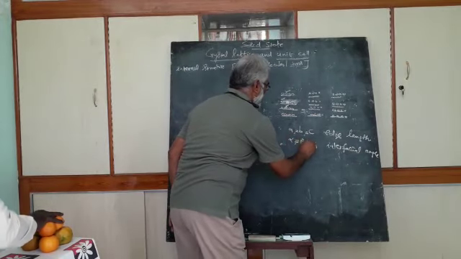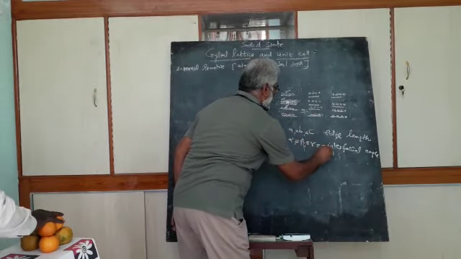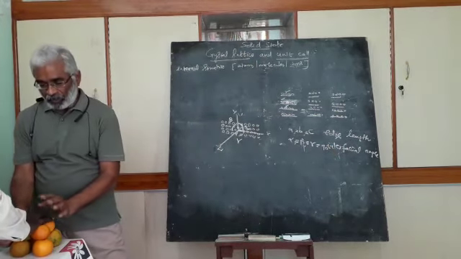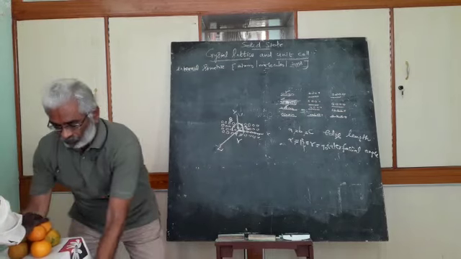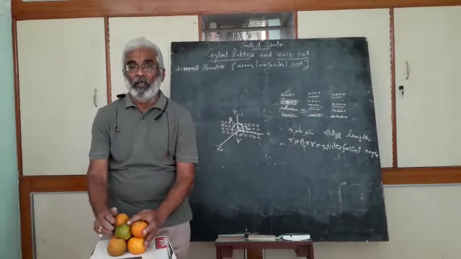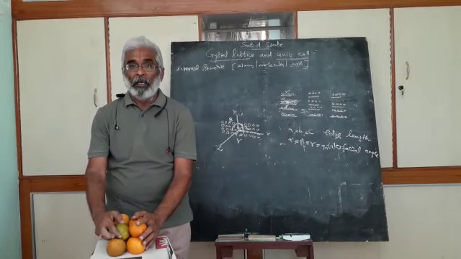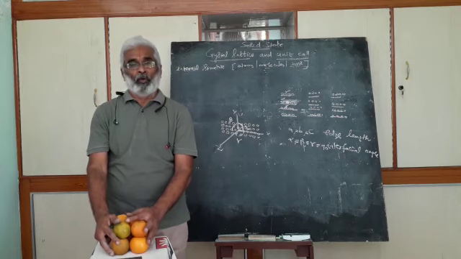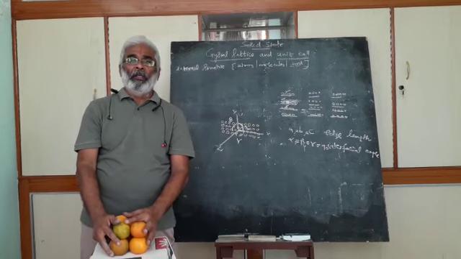Alpha equal to beta equal to gamma, all 90 degrees. So if 8 atoms are arranged like this, we get a cubic arrangement. It is not a cube, but it looks like a cube. This is one unit cell.